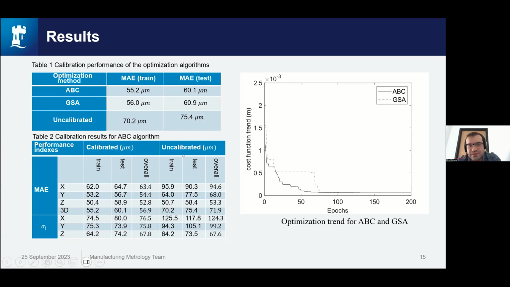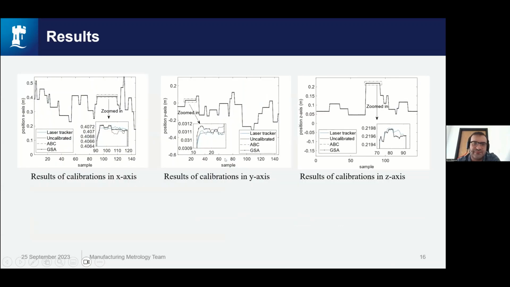In terms of speed of convergence, as you can see in the figure, the speed of convergence for the artificial bee colony algorithm is faster than the gravitational search algorithm. That's why we prefer artificial bee colony as the preferred optimization algorithm. As you can see here in the 3 different dimensions of X, Y and Z, you can see the calibrated values.